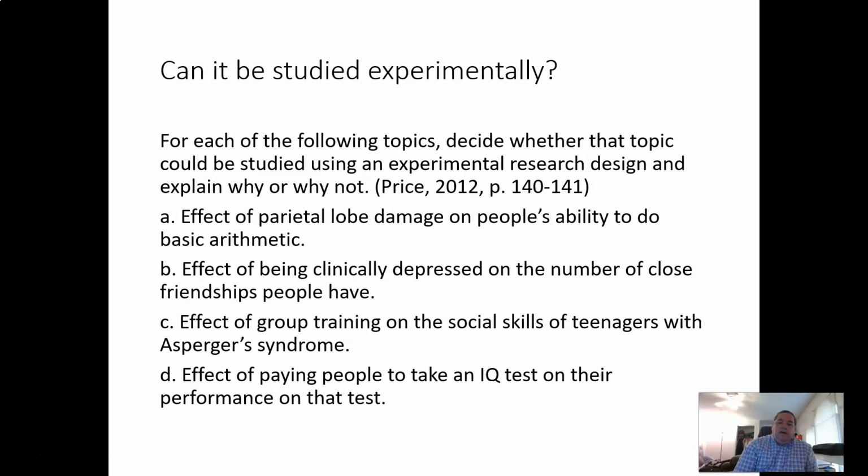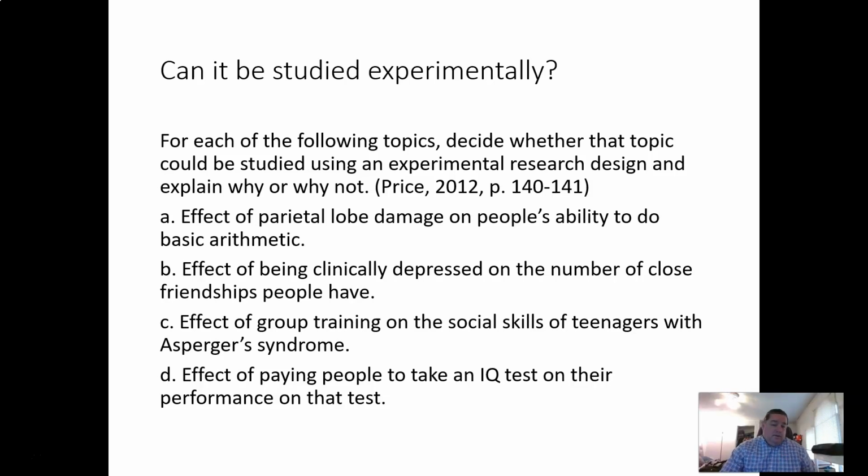For each of the following topics, decide whether that topic could be studied using an experimental research design and explain why or why not. A: the effect of parietal lobe damage on people's ability to do basic arithmetic. So what do you think about that?